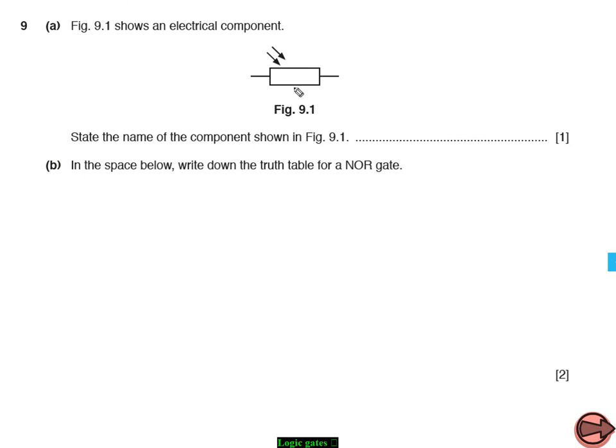So in this question, we need to understand what this question is asking us. The question is simply asking us to state the name of the component, and the symbol is given to us here. Now, how can we identify this symbol?